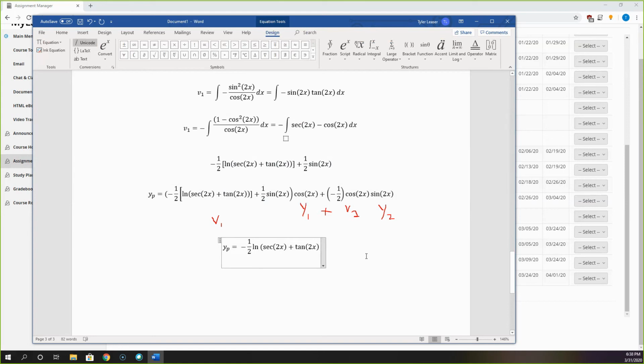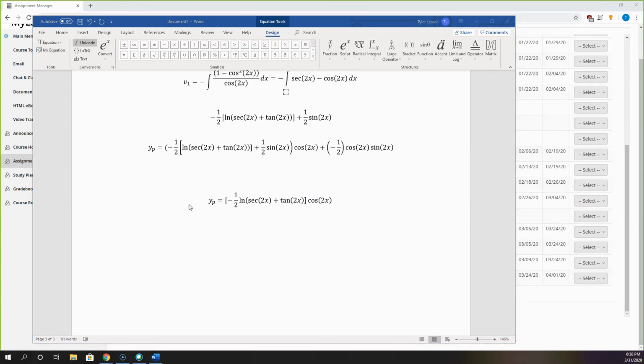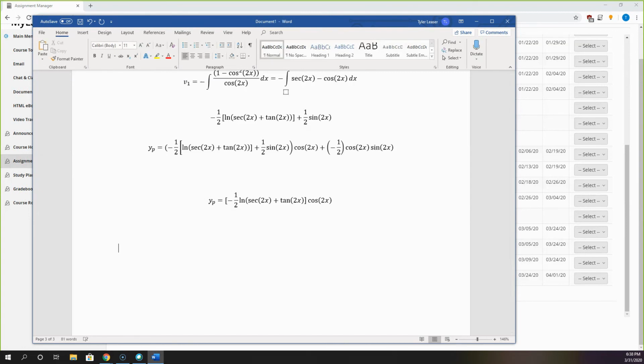Times cosine. That's just a solution. You just have to add it back to the others.